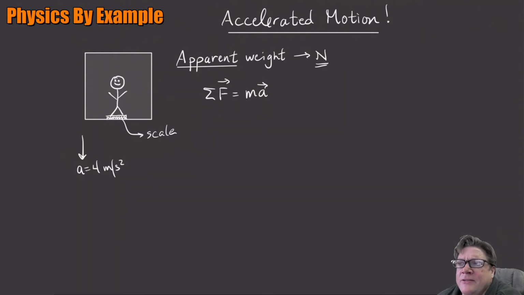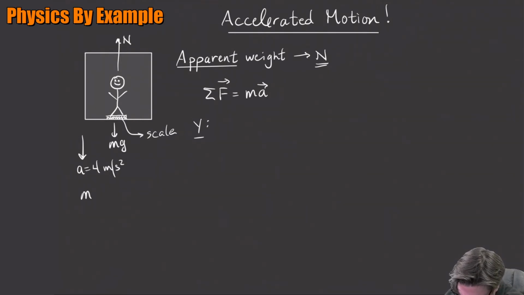In this case, we only really have to worry about the y direction. Nothing is happening in the x direction. So in the y direction, what have I got? Well, I've got that normal force. Really, it should come from the scale, right? But anyway, it's pointed up, and pointed down I have mg.